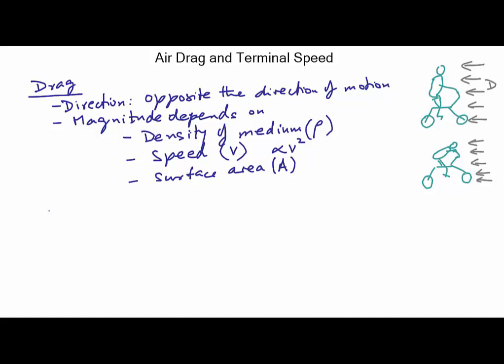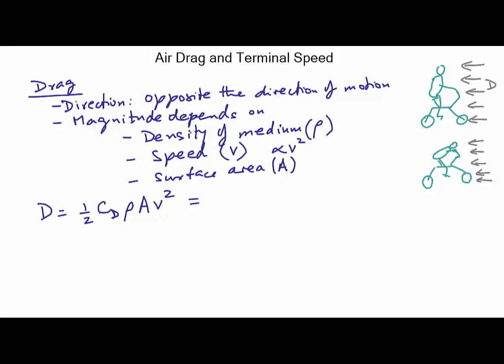So the equation for drag force is 1/2 times C_D rho A v squared. We've already talked about these three factors: density, area, and this relation with the square of the speed. C_D is just the coefficient of drag, and that's somewhat akin to the coefficient of static or kinetic friction.